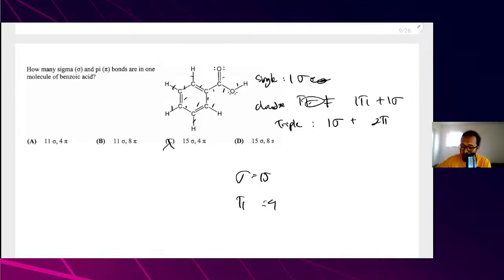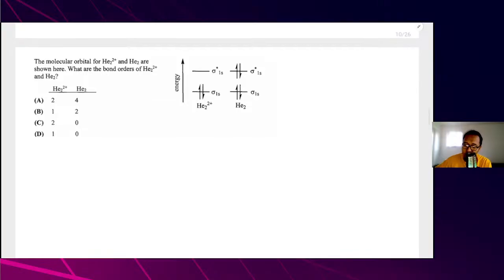The last one: the molecular orbital diagrams for He2 2+ and He2 are shown here. What are the bond orders of He2 2+ and He2? The bond order means how many bonds.